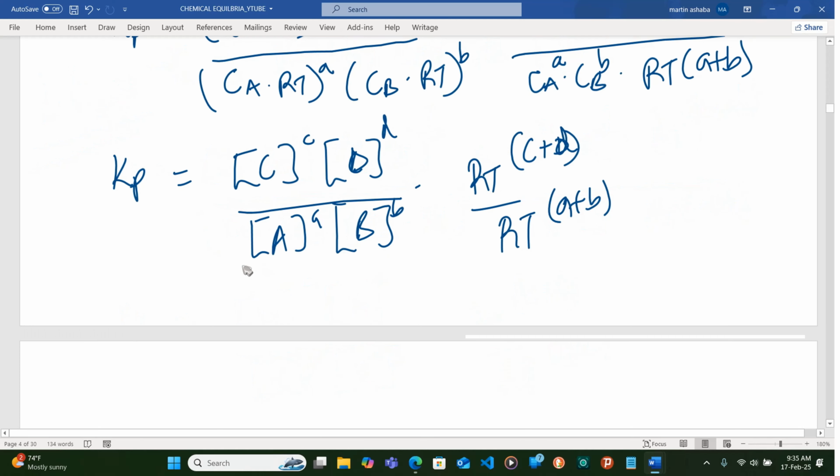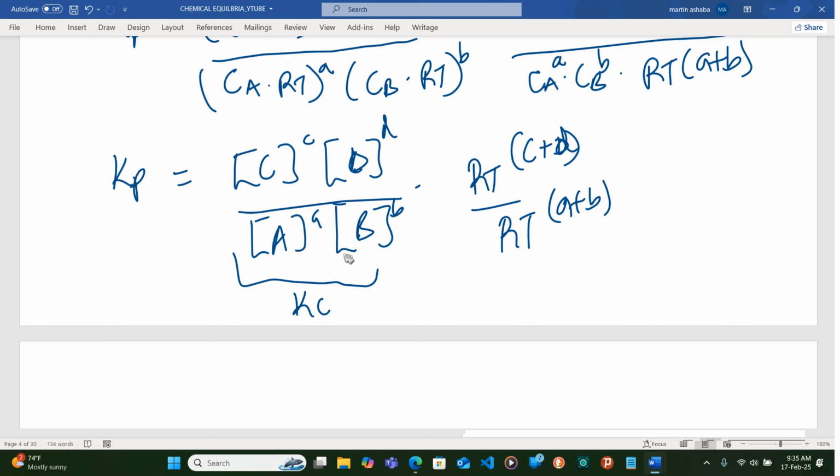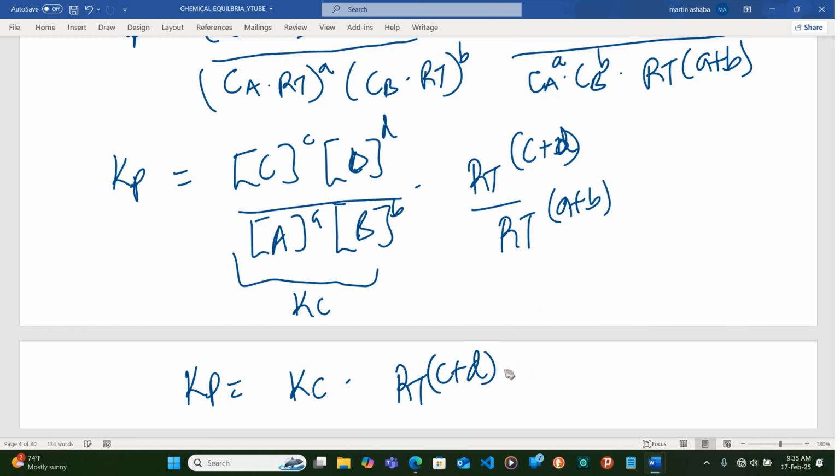But this component here is what we call Kc. This is the equilibrium constant in terms of concentration. So I will say that Kp equals Kc times RT. If again I apply the rules of indices, I'll have c plus d minus a plus b.